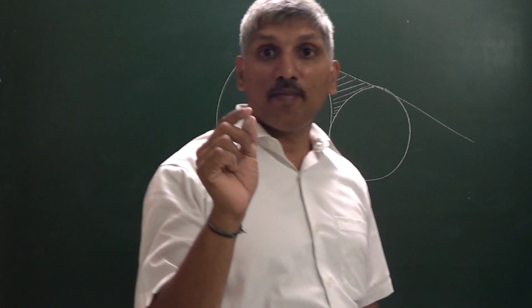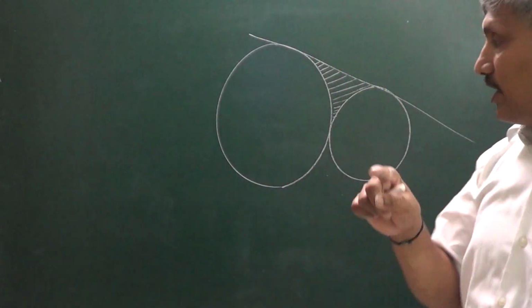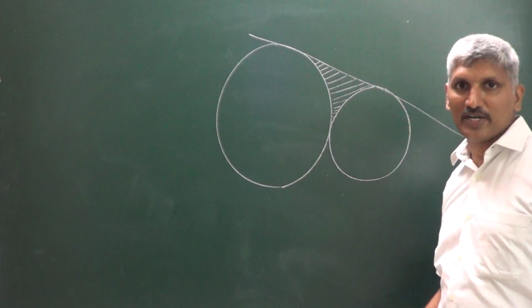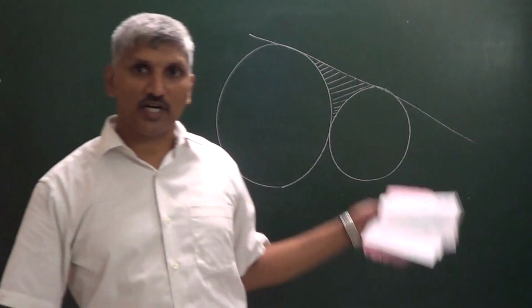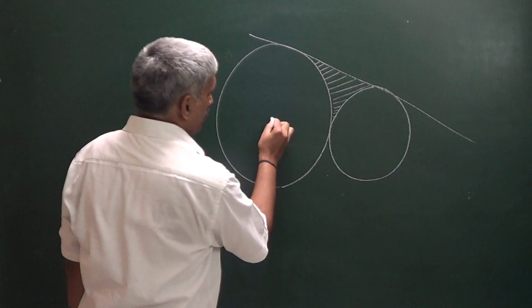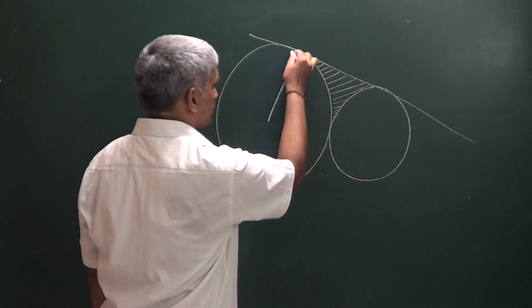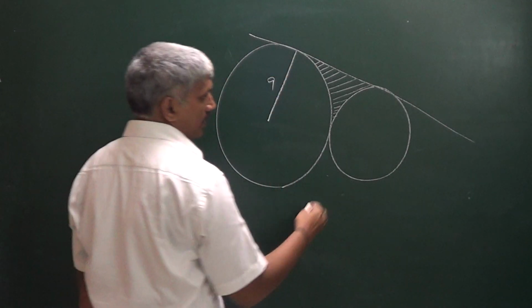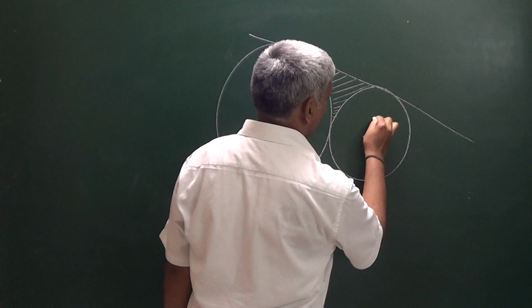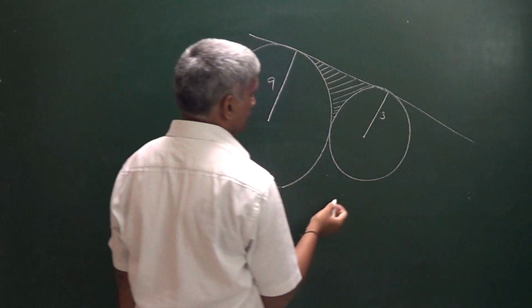That area we have to find out. The information given in the question is, the radius of this circle is given as 9 and the radius of this circle is given as 3.